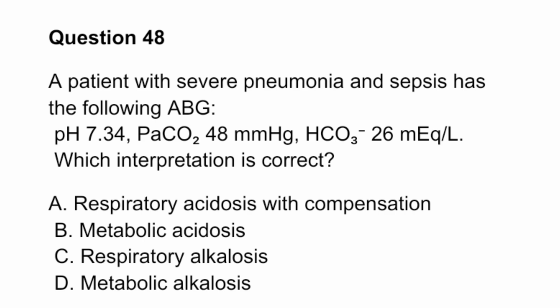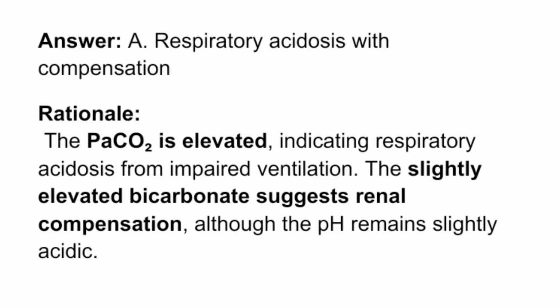C. Respiratory alkalosis. D. Metabolic alkalosis. Answer: A. Respiratory acidosis with compensation. Rationale: the PaCO2 is elevated, indicating respiratory acidosis from impaired ventilation. The slightly elevated bicarbonate suggests renal compensation, although the pH remains slightly acidic.